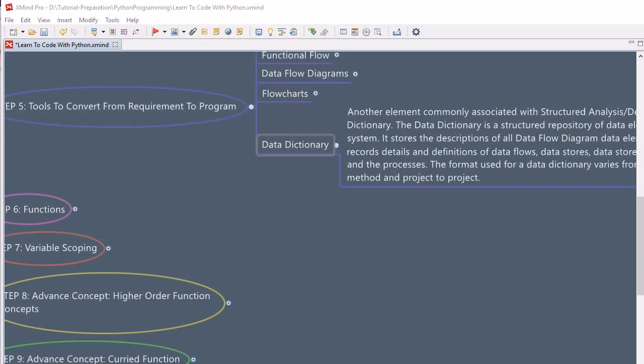That is, it records the details and definitions of the data flows, the data stored in data stores, and the details about the processes. The structure of the data dictionary varies from project to project. Some projects maintain the data dictionary within an Excel spreadsheet, and some store the information in other third-party software. So it varies from project to project.